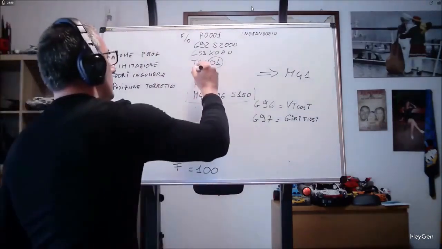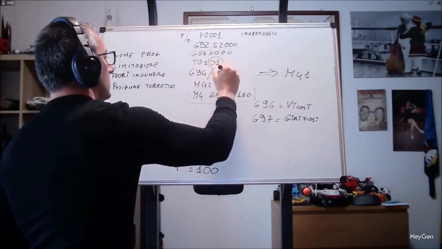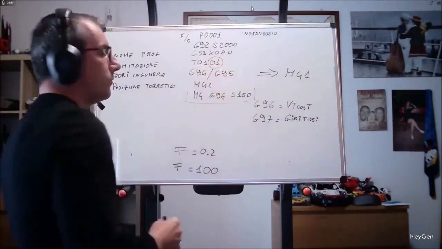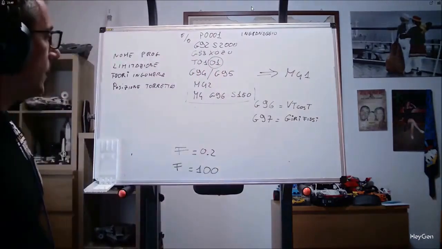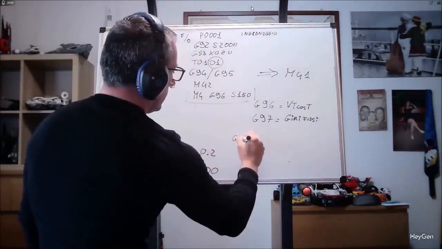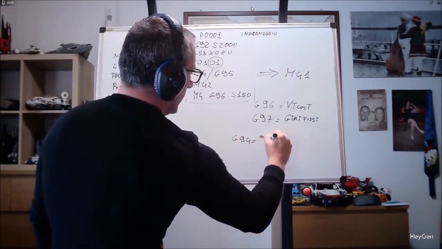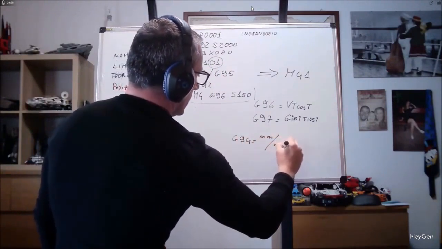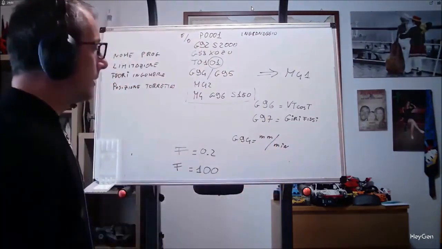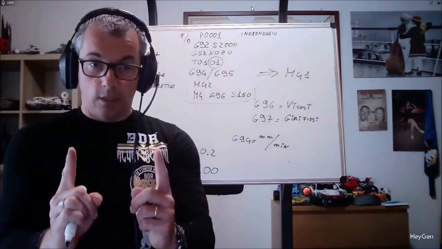Here we need to input. Remember, I had previously set G94 and G95 here. If I input G94, my F will be expressed in millimeters per minute, meaning F100 means I have to cover a distance of 100 millimeters in 1 minute.